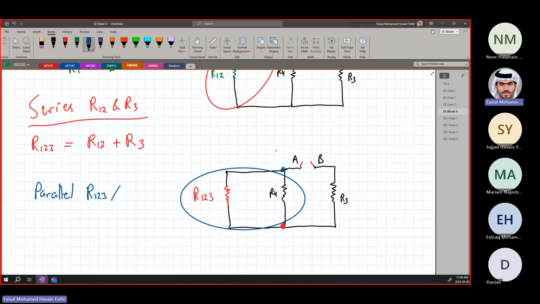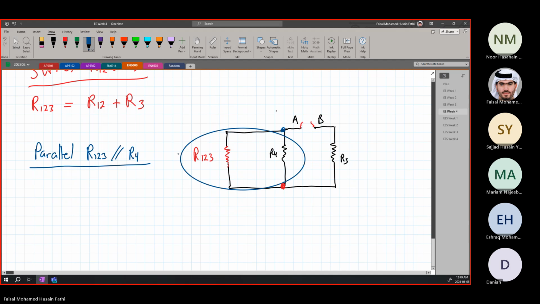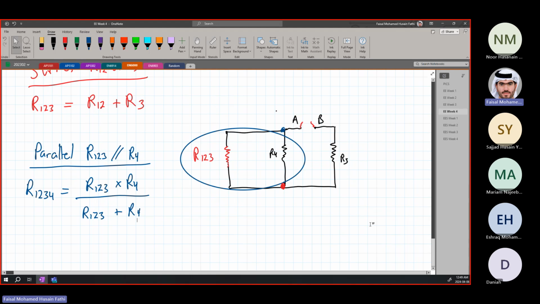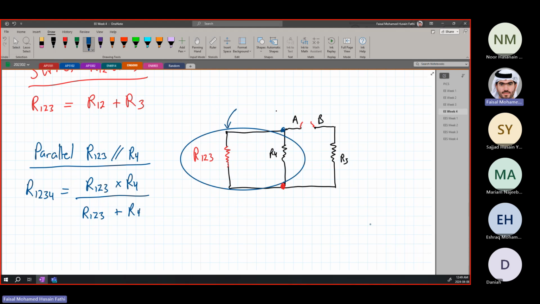R123 parallel with R4. R1234 is equal to R123 times R4 divided by R123 plus R4. Okay. Again, these are in parallel. Now we found our equivalent.